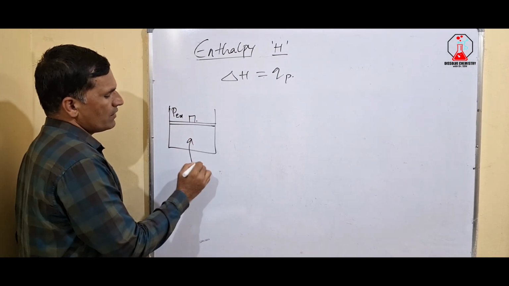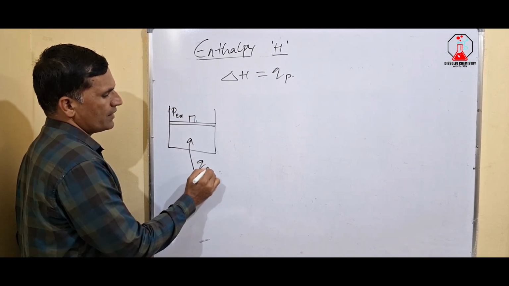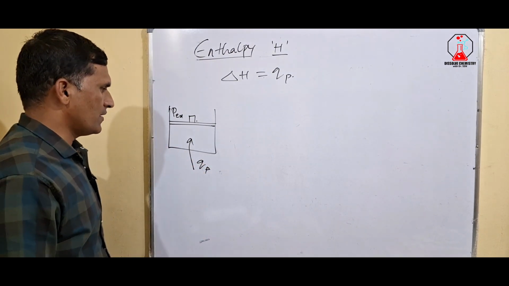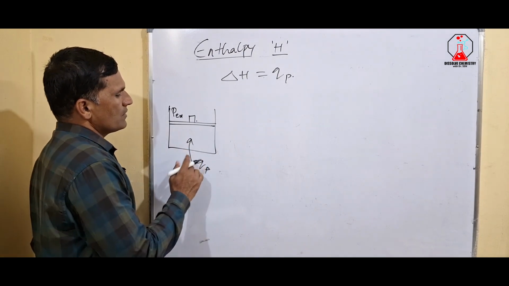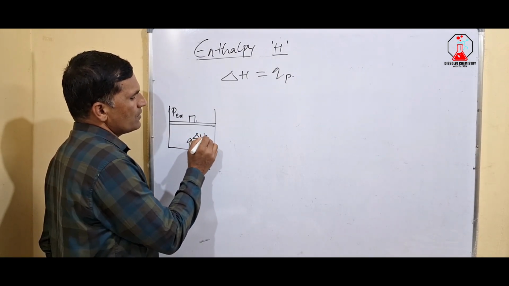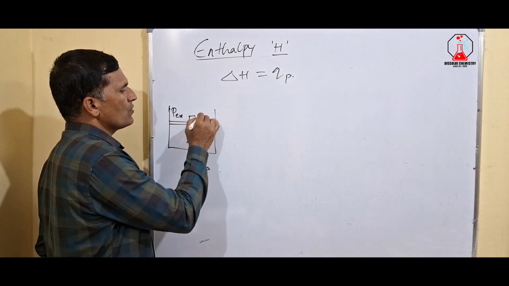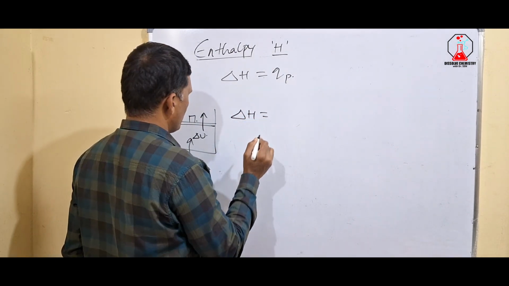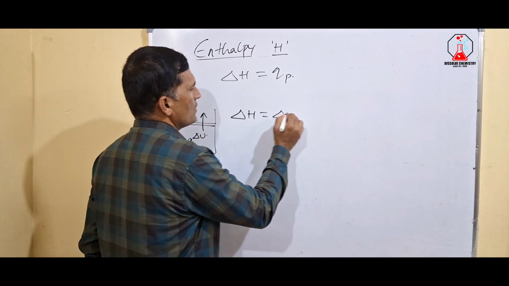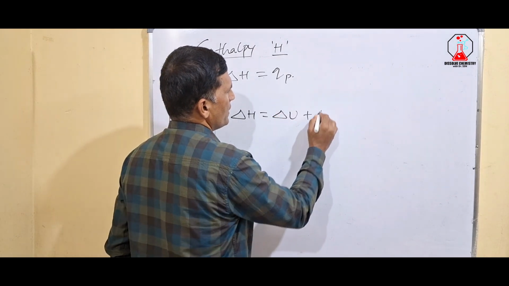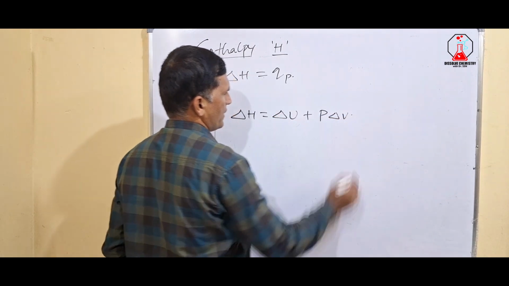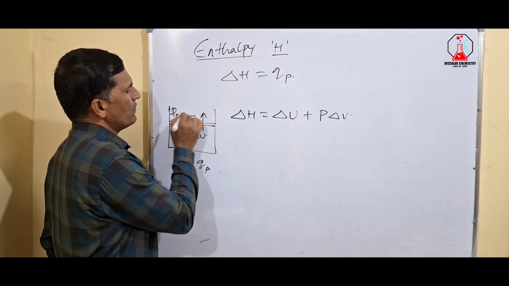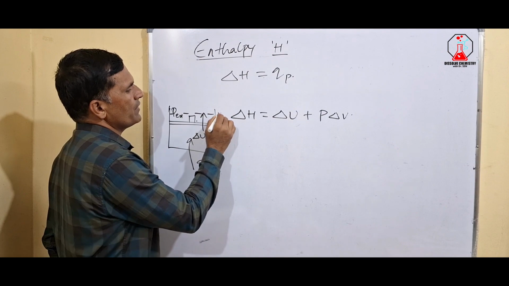Now if you give Q amount of heat, we call it the amount of heat given at constant pressure. So what happens: the internal energy will change, then the system will do certain work. So delta H is equal to, you write, the change in internal energy plus P delta V. Our volume will change from, for example, V1 to V2.